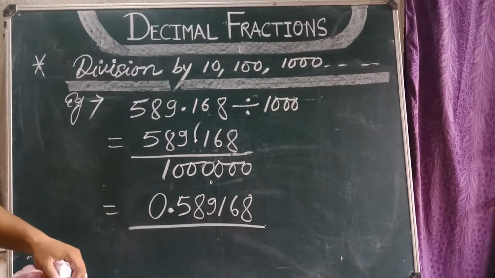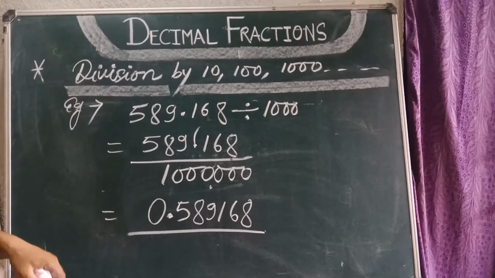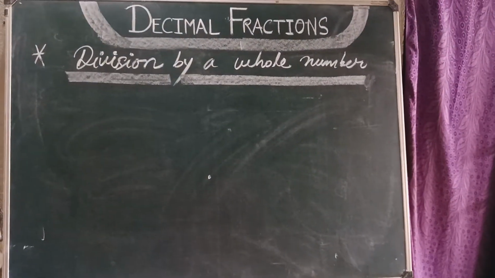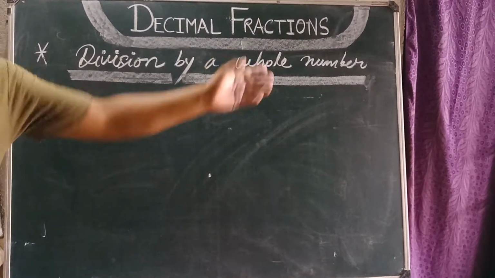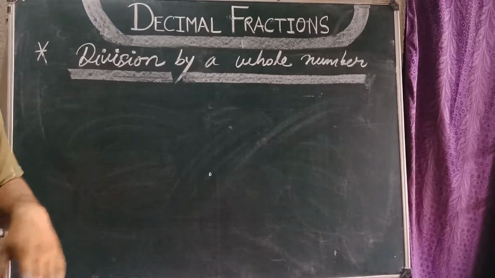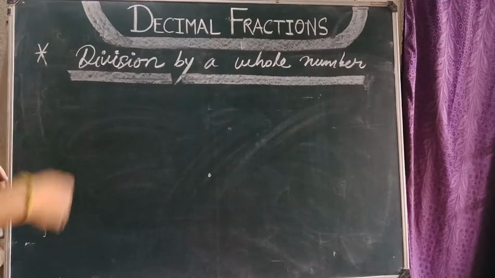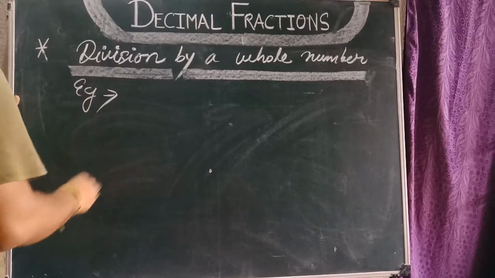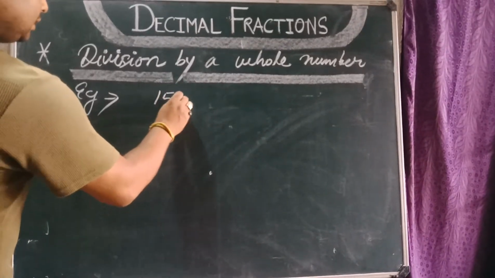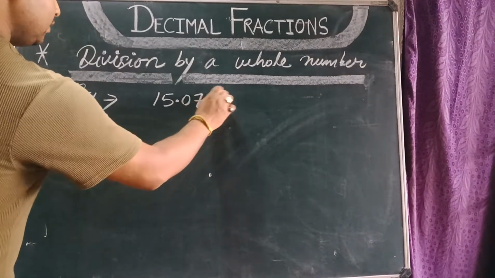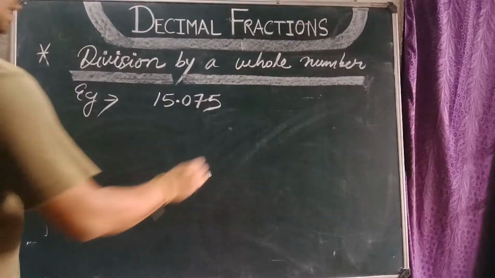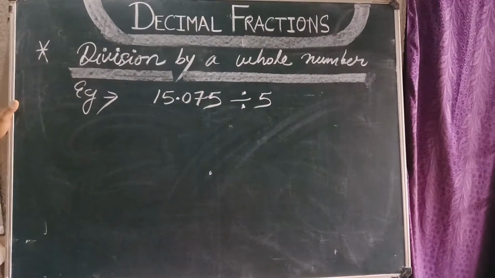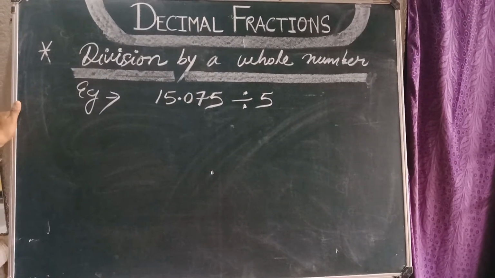Further we'll go for the division of a decimal number with different types of numbers. So now we are going to take a whole number for the division of a decimal number, like we did in the multiplication. Any example we can take. Suppose you have a decimal 15.075, and we have to divide it by 5, which is a whole number.